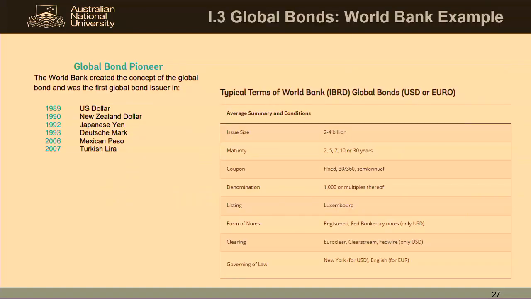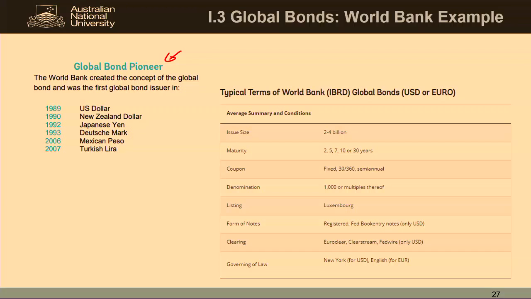Okay, so, sorry, this is very small. But anyway, this is just taking the World Bank example to show you about the bond. So basically, the World Bank say they are the global bond pioneer.